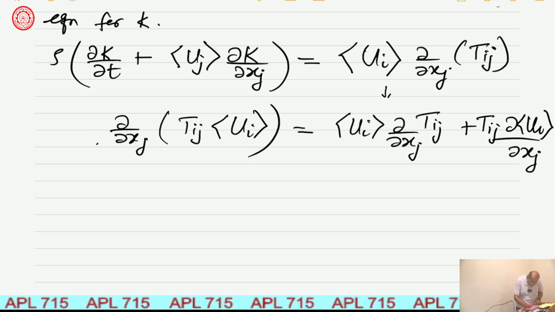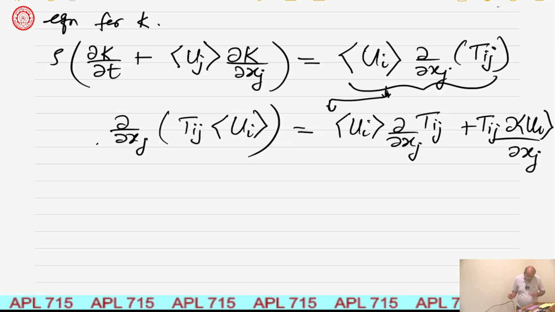I express this term using this notation.